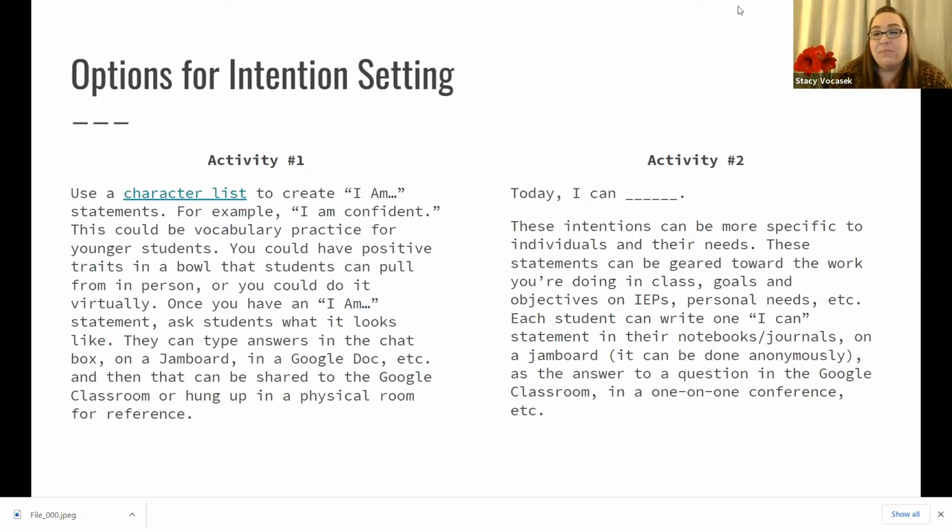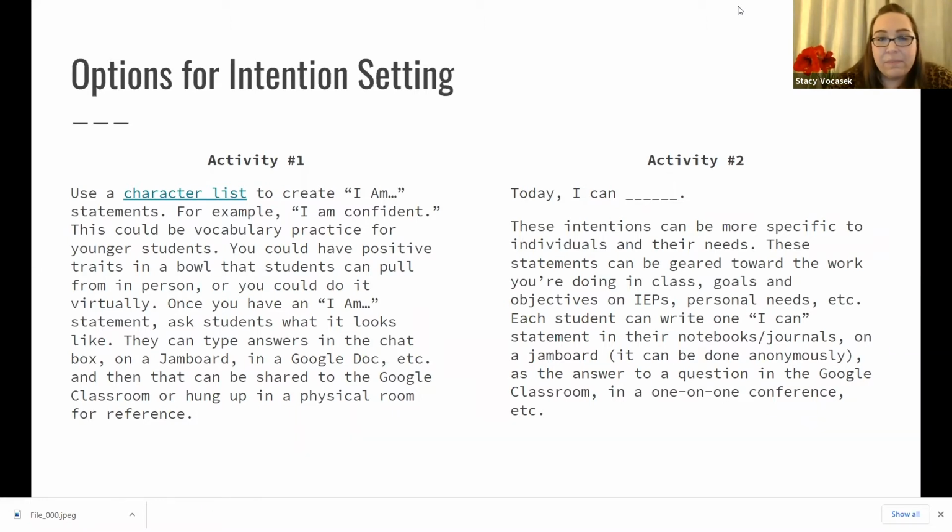And so those can be a lot more specific to individual kids. And you could say, everybody's going to set an I can intention today. What's something that you're going to do by the end of class? And they can write it down in their notebook, or they can share it in the chat box, and then they can check in at the end. So just little ways of getting them to be more intentional in their actions.